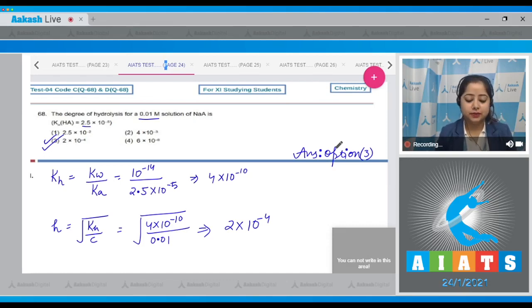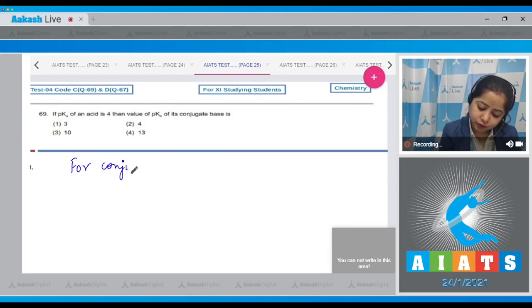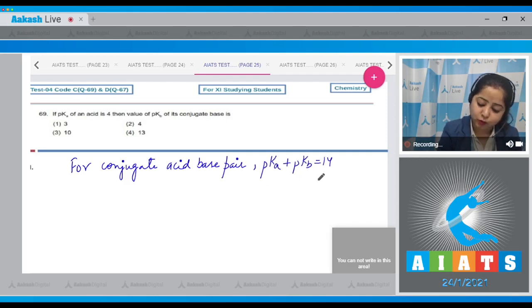Question number 69. If pKa of an acid is 4, then value of pKb of its conjugate base is. Student, this is one of the easiest questions and a very important question as well. Here we know that for a conjugate acid base pair, pKa plus pKb is equal to 14.